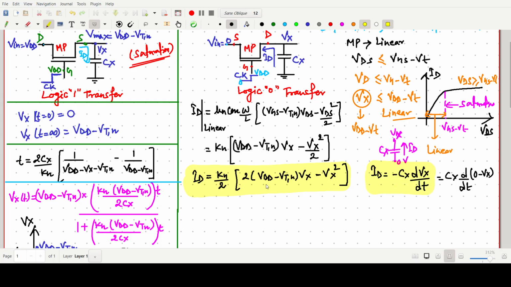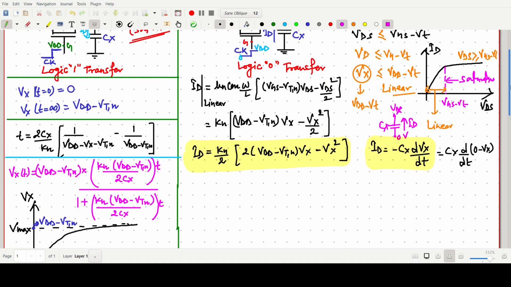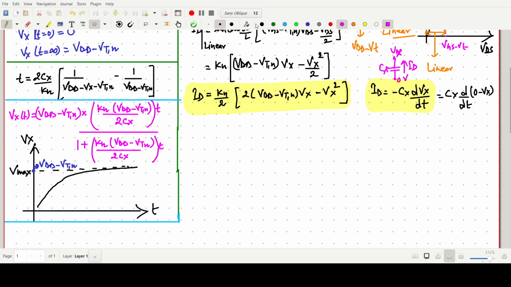So these two will be the same. So we can write minus Cx dVx by dt equals Kn by 2 times (2 times (VDD minus VTN) Vx minus Vx square).